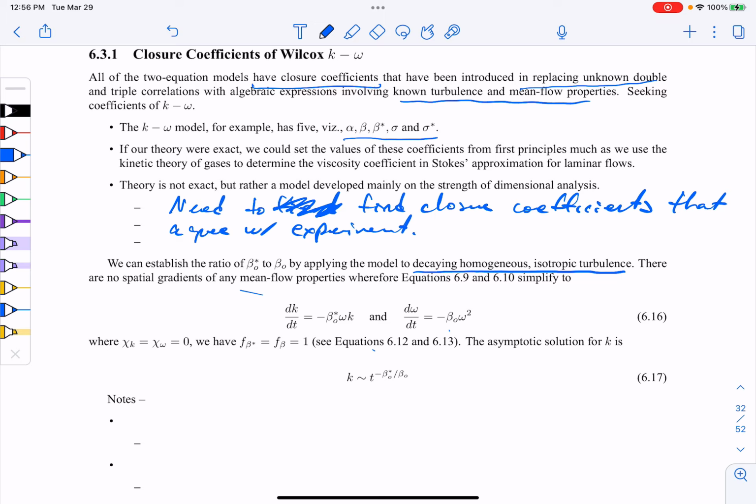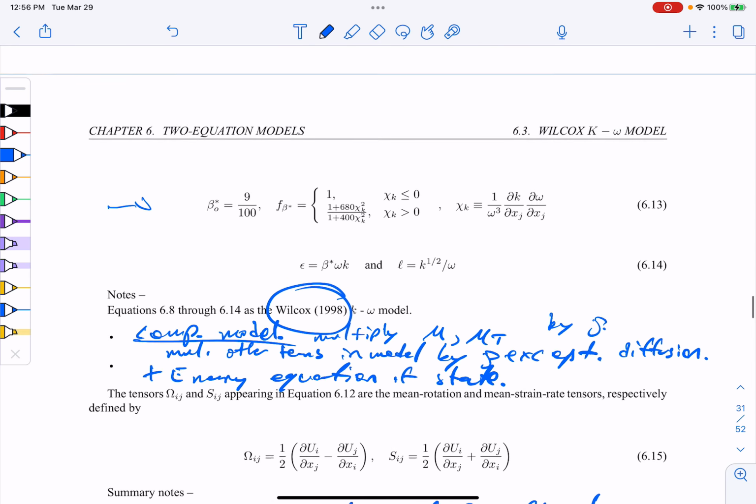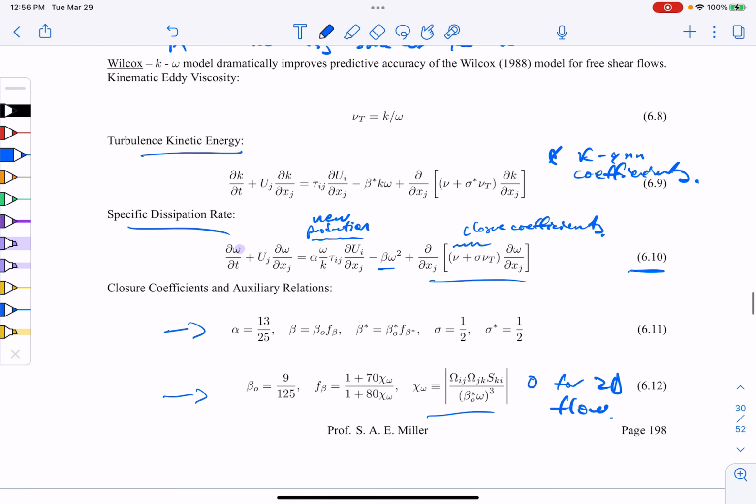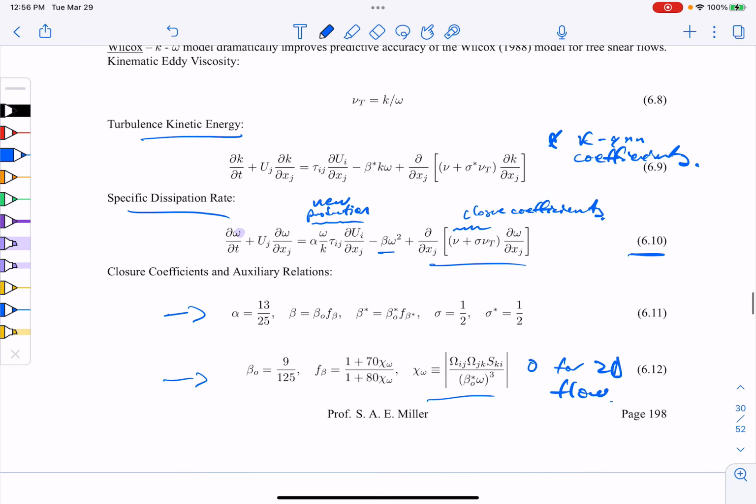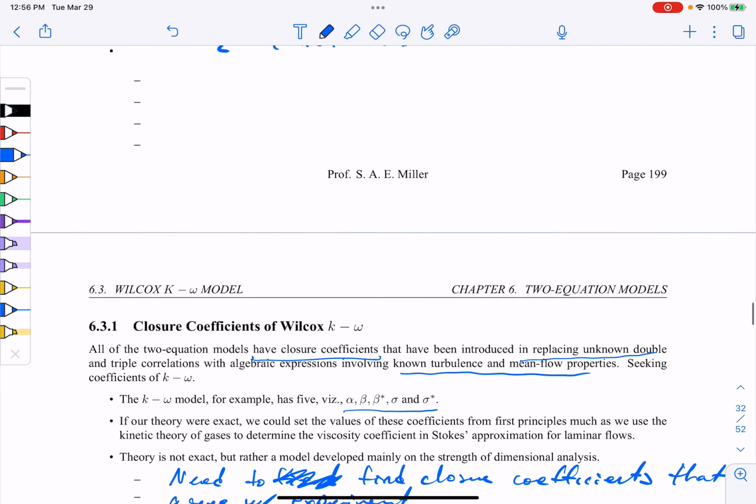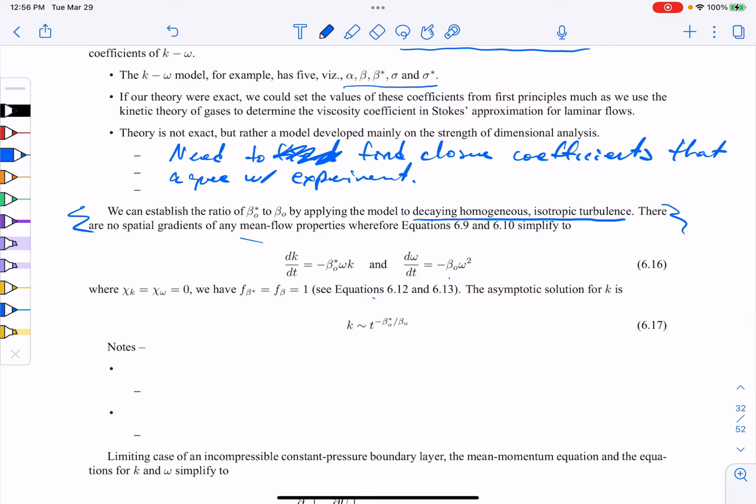So if you make these assumptions, homogeneous, isotropic, no gradients, no mean flow, then our K and omega equations, let's look at those quick. Right up here, 6.10 and 6.9, we can cross out terms, and we will be left with equation 6.16 for K and omega.